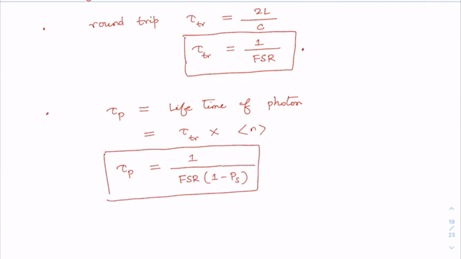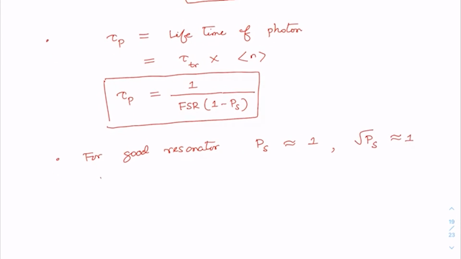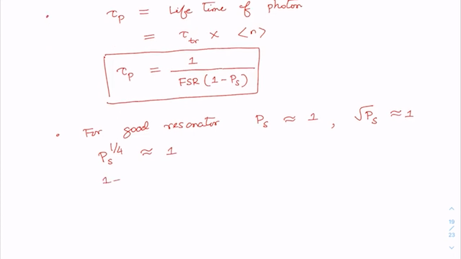Now, for a good resonator or good cavity, this survival probability is nearly 1. So we can assume that PS to the power 1 by 4 is nearly 1, and we can write 1 minus PS is equal to 1 minus square root of PS into 1 plus square root of PS.